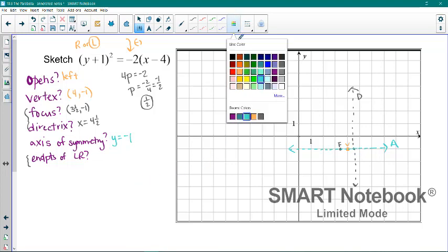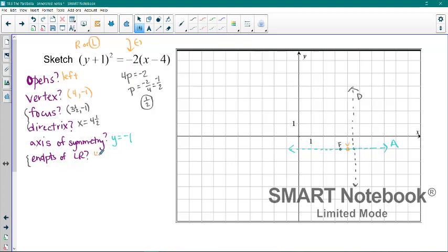Now to sketch the actual parabola, we think about the endpoints of the latus rectum. 4p is the length of the latus rectum. Well, 4p has a length of 2. We take the absolute value of that. So that's going to be 1 on each side of the focus. So from the focus, I go up 1 and I go down 1.